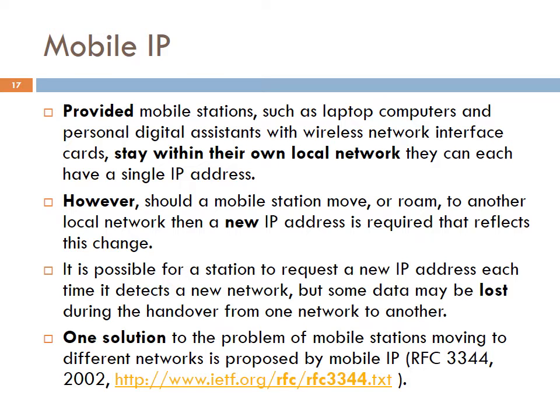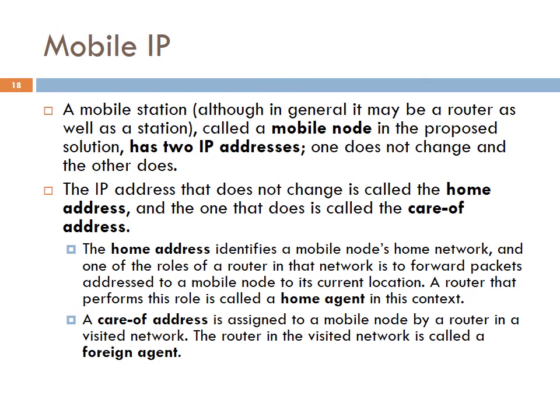One solution to the problem of mobile stations moving between different networks is proposed by Mobile IP. A mobile station, called a mobile node in the proposed solution, has two IP addresses. One does not change and the other does.